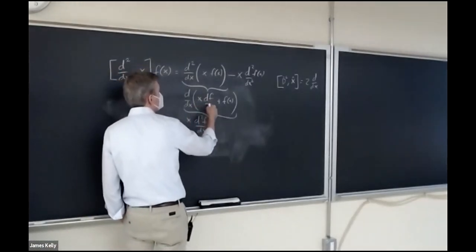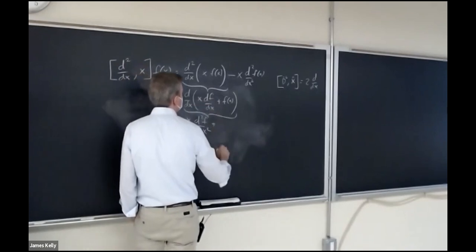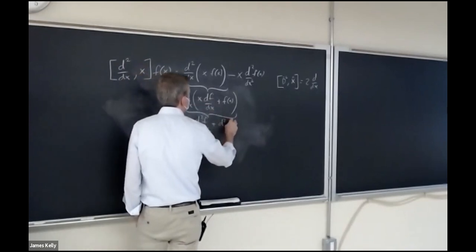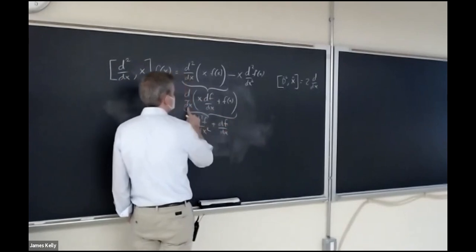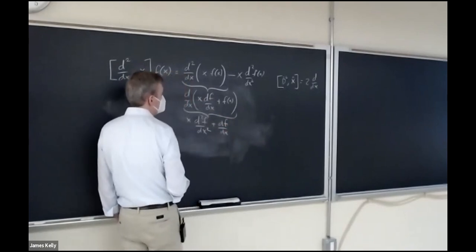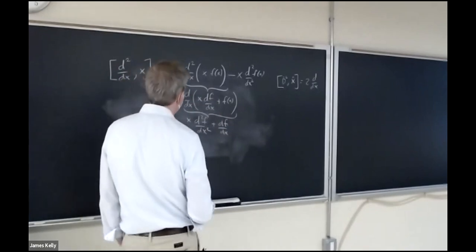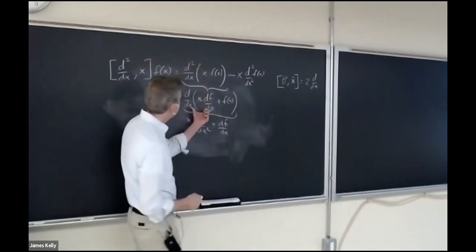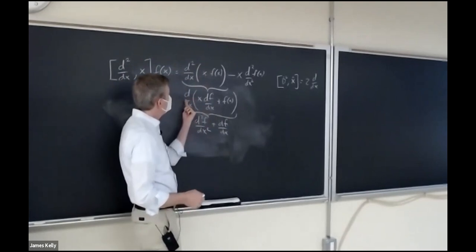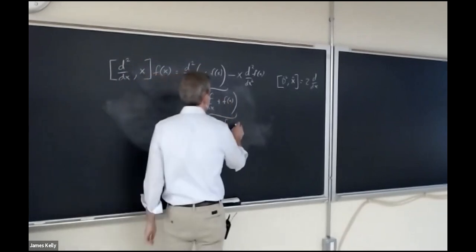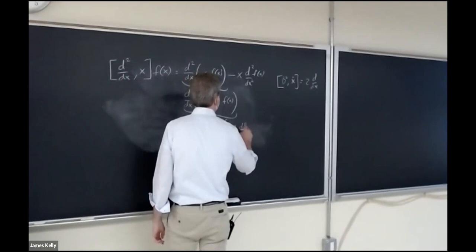First one times the second one's derivative plus the second one, df dx, times the first one's derivative, which is, again, 1. Okay, so that's expanding out this part. And then I also have to apply it to this, plus df dx.